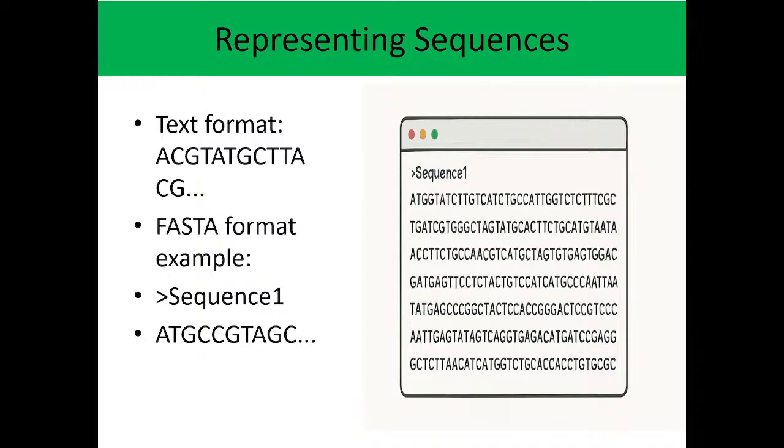Okay. Now, looking at what we have on the screen, we have a kind of text format, the FASTA format. How will you identify it? If you want to identify the currency of any country, just like I told you, FASTA is like a currency in bioinformatics.